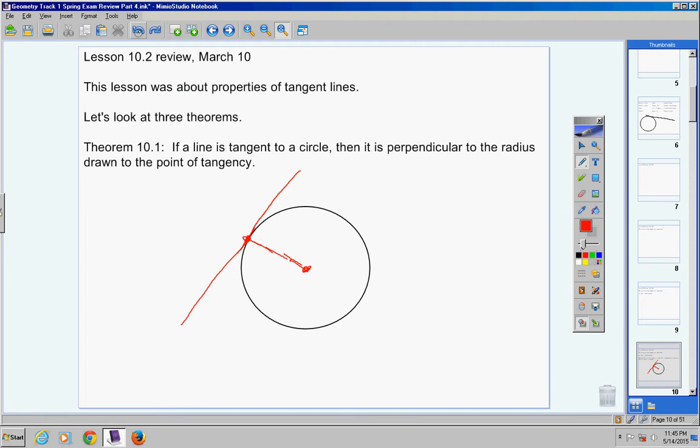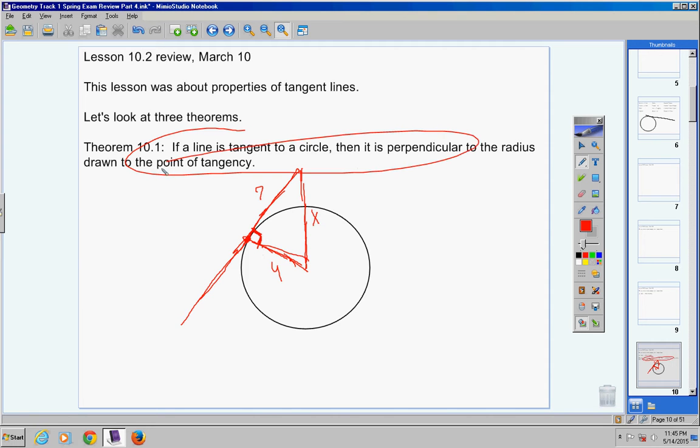I could give you a problem without the right angle symbol and say this is a tangent line, this is a radius, this is a length of 4, this is a length of 7. Find this length right here. Well, you've got a right triangle, but the thing is, you might not know there's a right angle there if you don't know this theorem right here, okay? So understand this theorem. If a line is tangent to a circle and a radius is drawn to the point of tangency, they will be perpendicular, okay?